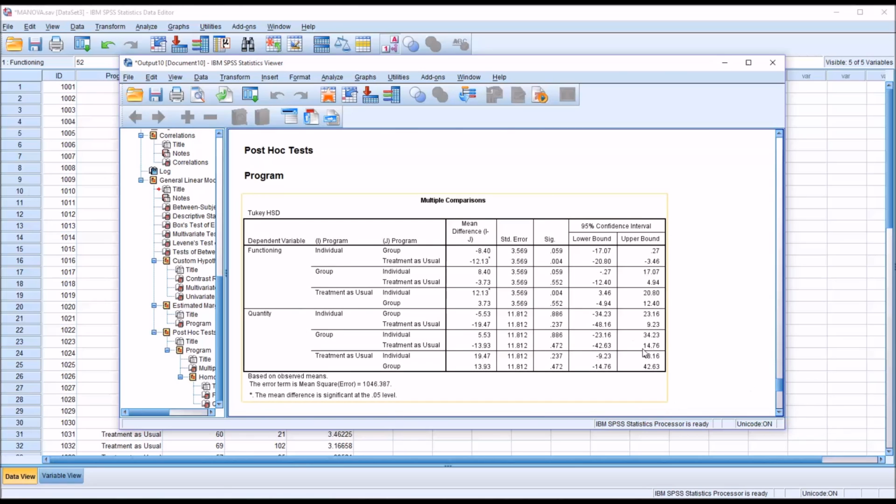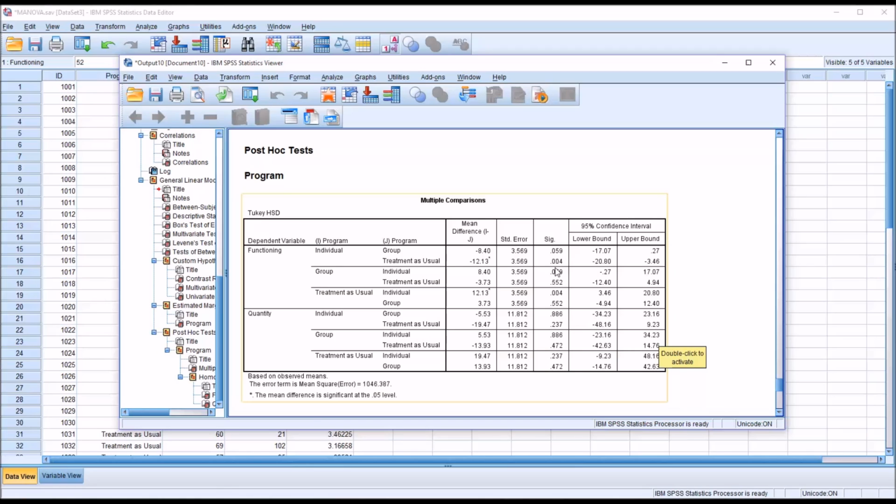So looking here at the post hoc test, this was a Tukey test. You can see individual to group. Right, so the differences between the individual level and the group level of treatment, non-significant, 0.059. The difference between the individual and treatment as usual levels of the independent variable was statistically significant, 0.004.